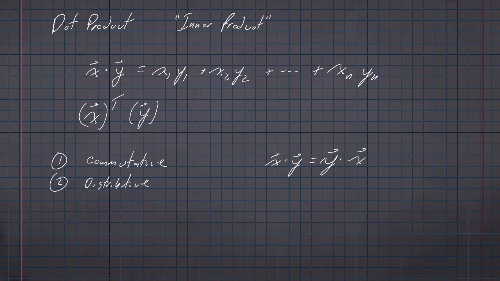The dot product is distributive. If you want to take x and dot it with y plus z, you get x dot y plus x dot z.